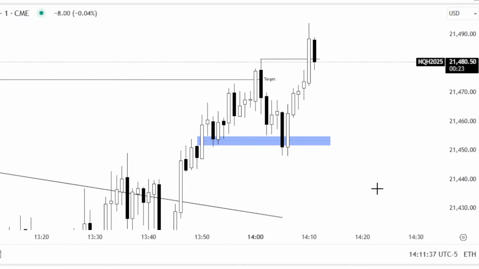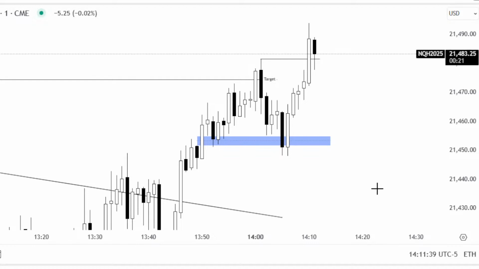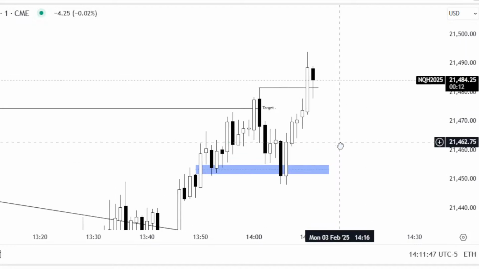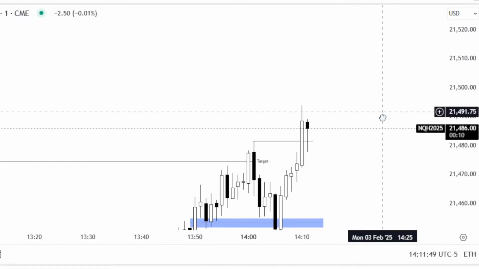Or we're just going to move up. Still momentum to the top side. 520s. 520s is here.